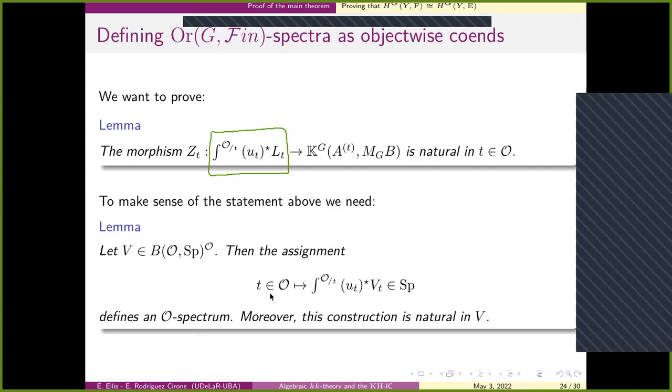And moreover, this construction is natural in V. So using this lemma, the domain of zeta_T depends naturally on T, and it makes sense to say that this morphism is natural.